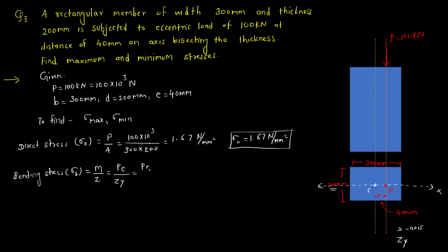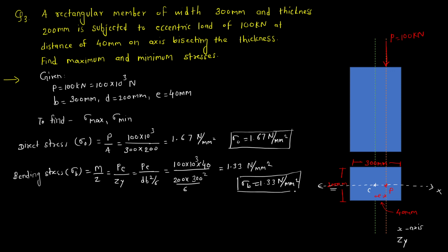So P into e, Zy is d b square by 6. Substitute all the values. And after calculation, you will get it as 1.33 Newton per mm square. So sigma b is 1.33 Newton per mm square.